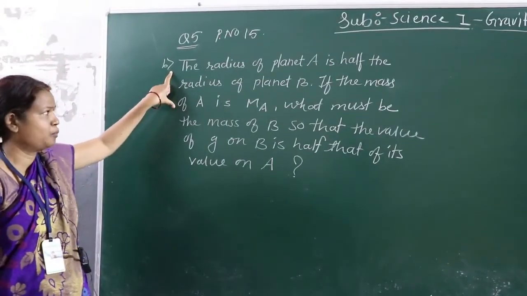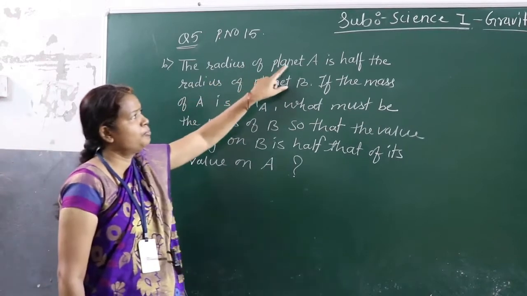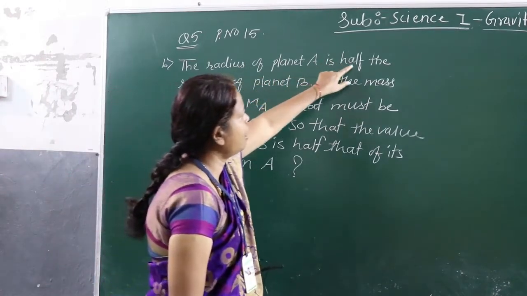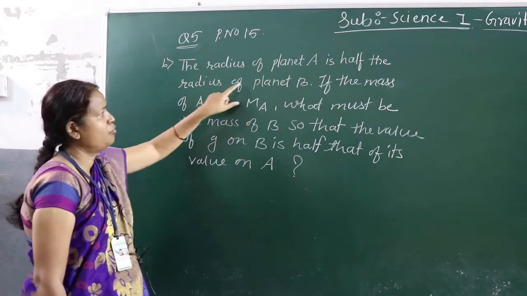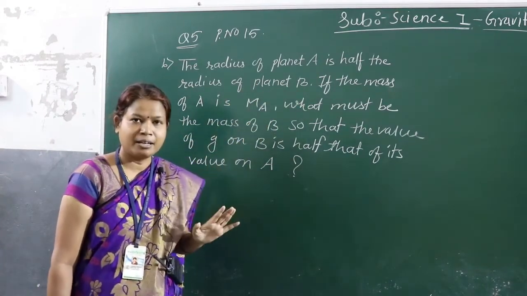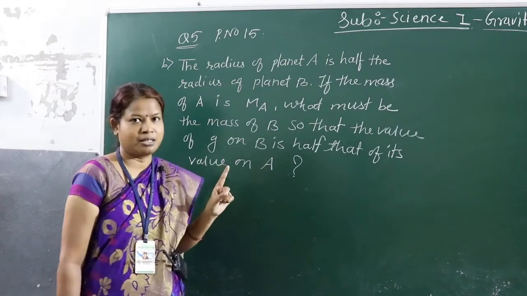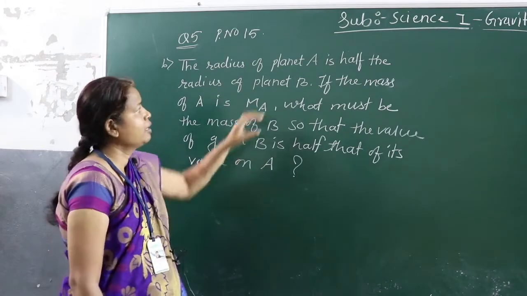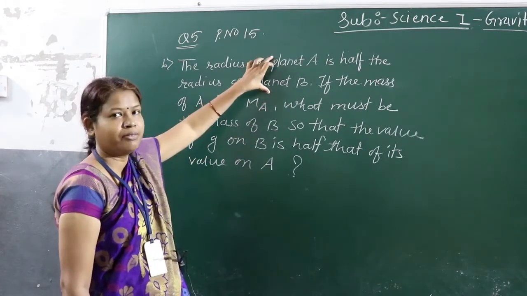It is on the blackboard. The radius of planet A is half the radius of planet B. This means one thing is getting clear here, that we have two planets. One thing is clear to you: in this problem how many planets do we have? Two.